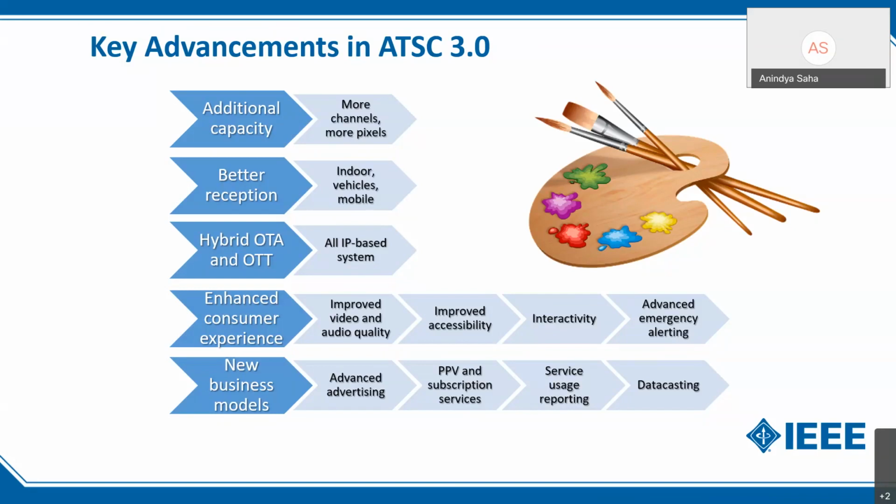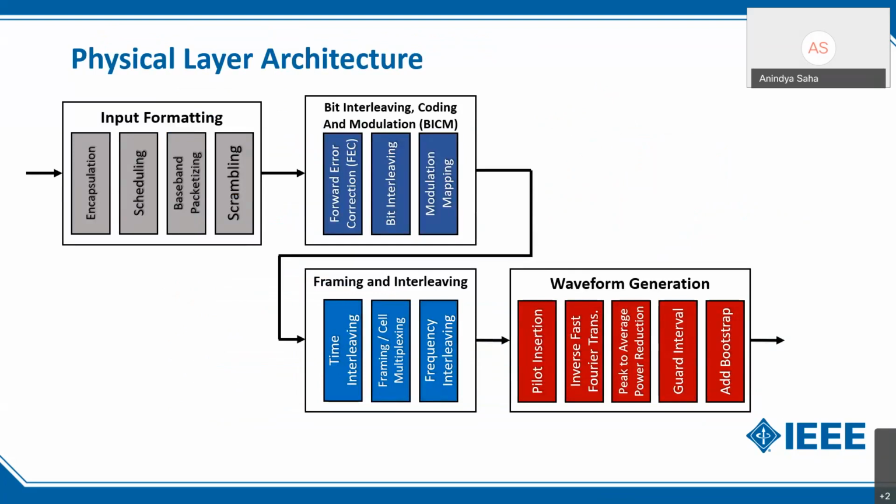Now let me go to the next slide, which is on the physical layer. This is a little bit of a detailed slide, and it shows that the physical layer architecture is a little bit of a beast, because it's quite complicated. It involves a lot of communication and signal processing aspects which have gone into the waveform design.